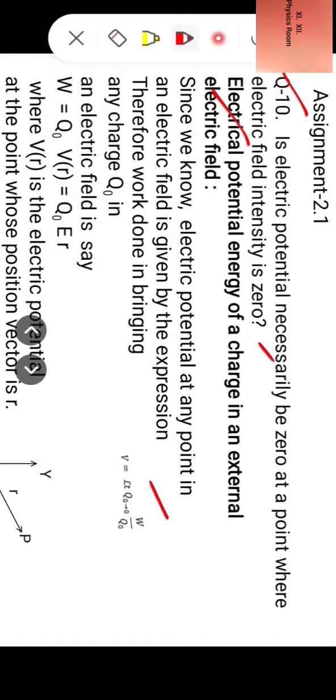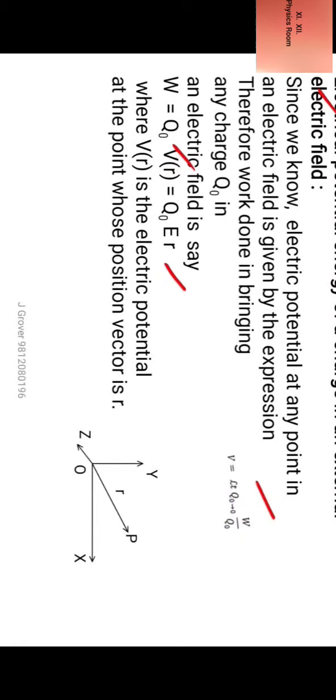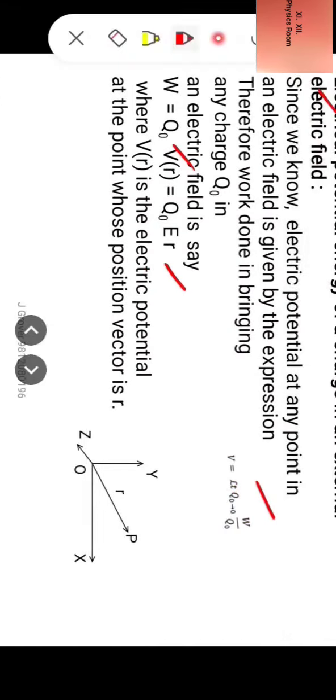Therefore, work done in bringing any charge Q naught in an electric field is, say, W is equal to Q naught into V(r), or it is equal to Q naught into E r, because V is equal to E into r, where V(r) is the electric potential at the point whose position vector is r, as shown in the diagram. This is the point P, this is distance r from origin.